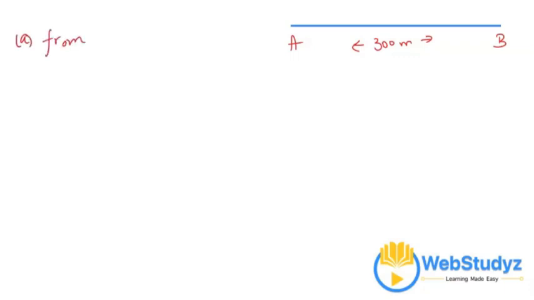So the calculations for the first part will include the total distance covered represented by capital D, that is the length of the road, that is given as 300 meters in the question. Displacement represented as small d is the shortest distance traveled. So here the shortest distance is itself 300 meters.